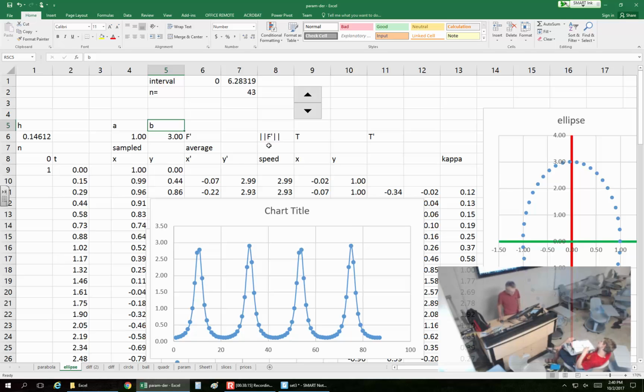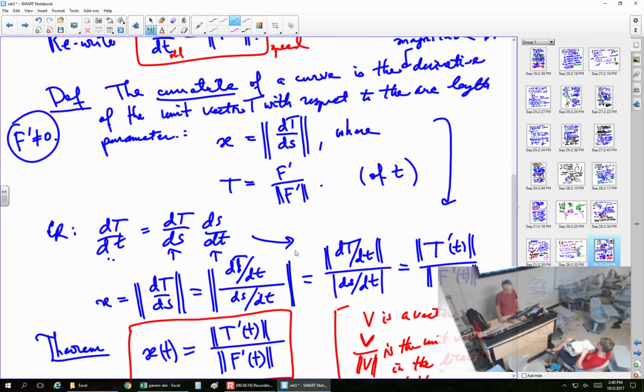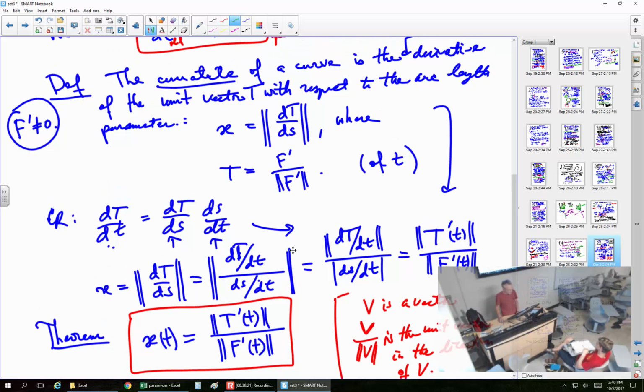So we have the definition. We'll come back to that spreadsheet a few times. The formal definition of the curvature: the meaning of the definition that we started with previously still applies. I think it is easiest to understand as the rate of change of your velocity when your speed is 1.